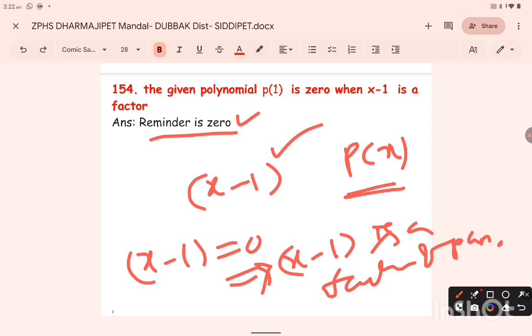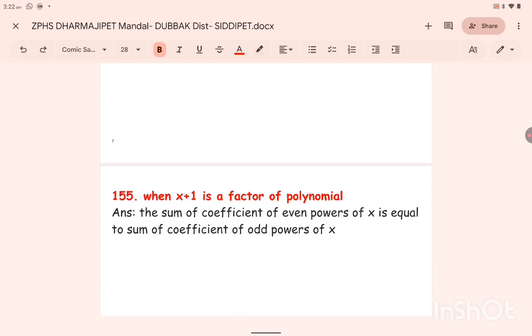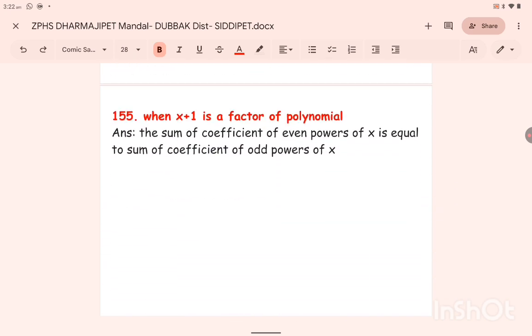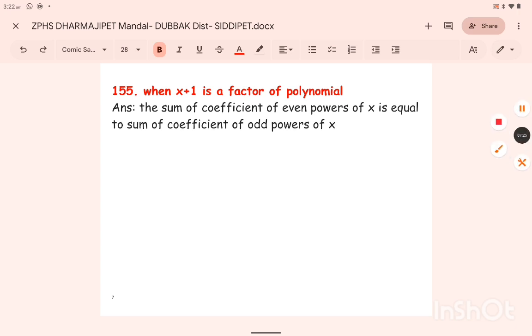Now next question. When x plus 1 is a factor of a polynomial, the answer is the sum of the coefficients of even powers of x is equal to the sum of the coefficients of odd powers of x.